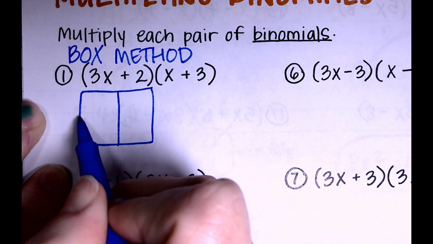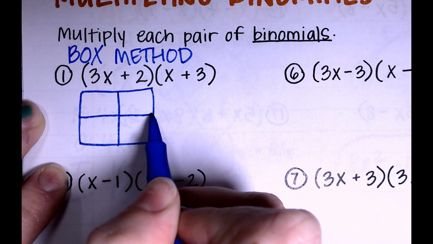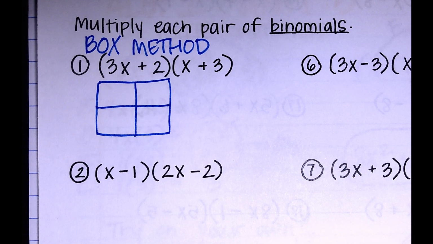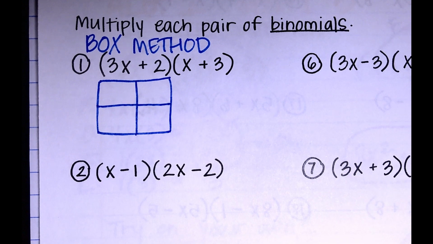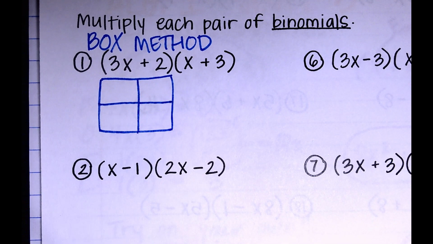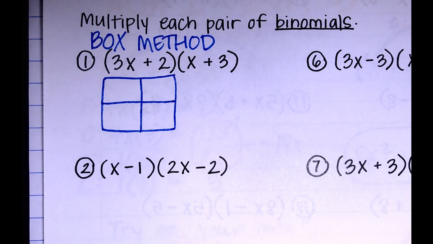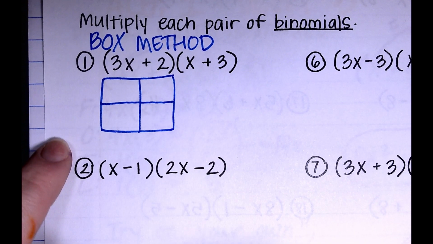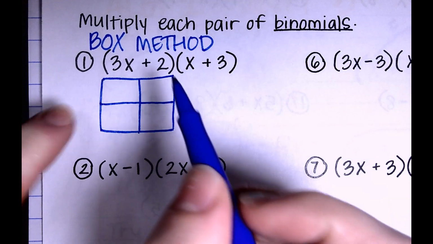And then I'm going to draw a line across. It's going to look like a window. So here is my box. You might love this method. You might hate it. You don't have to use it.